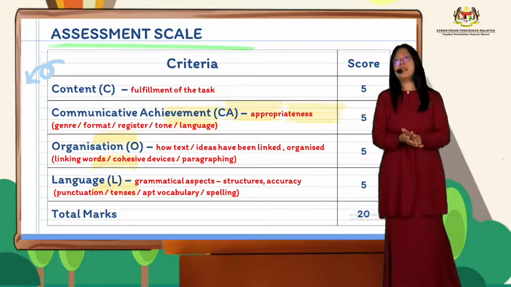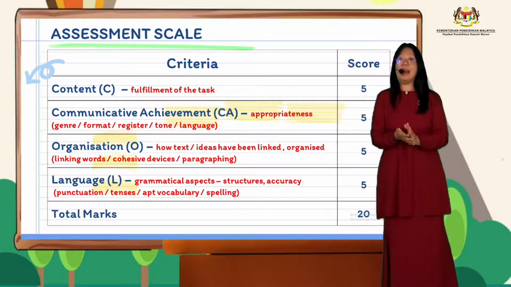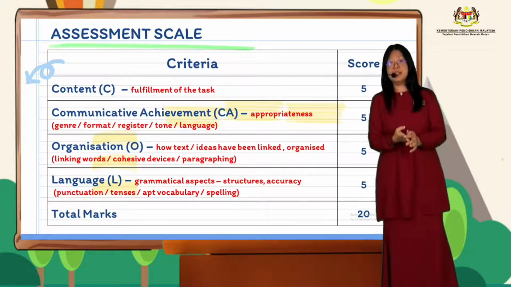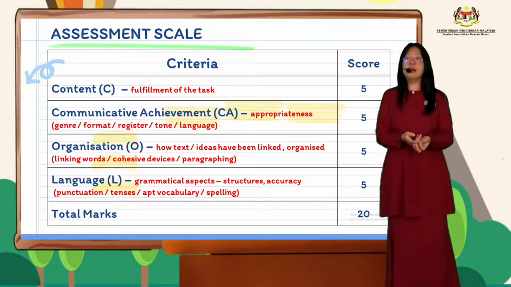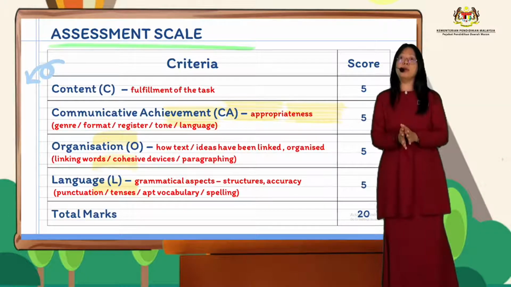Cohesive devices are the more sophisticated linking words, for example, in conclusion, furthermore, moreover, in other words. Paragraphing is also a very important tool to help you put your ideas in order.